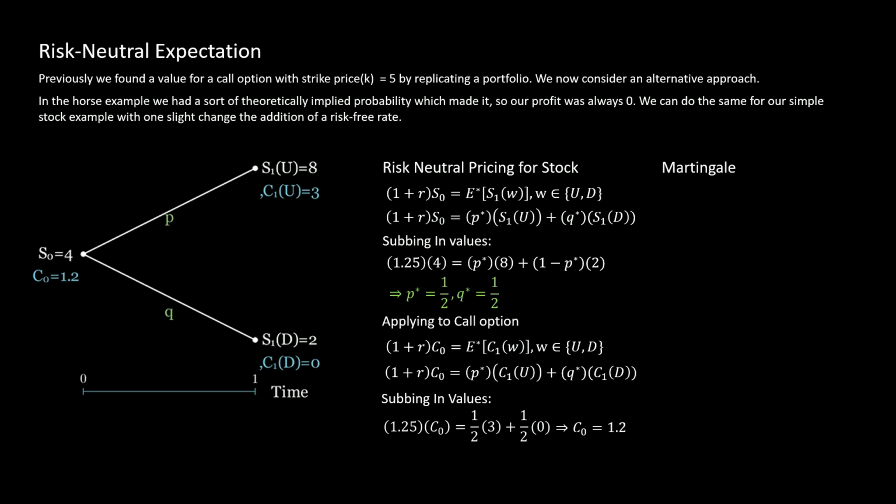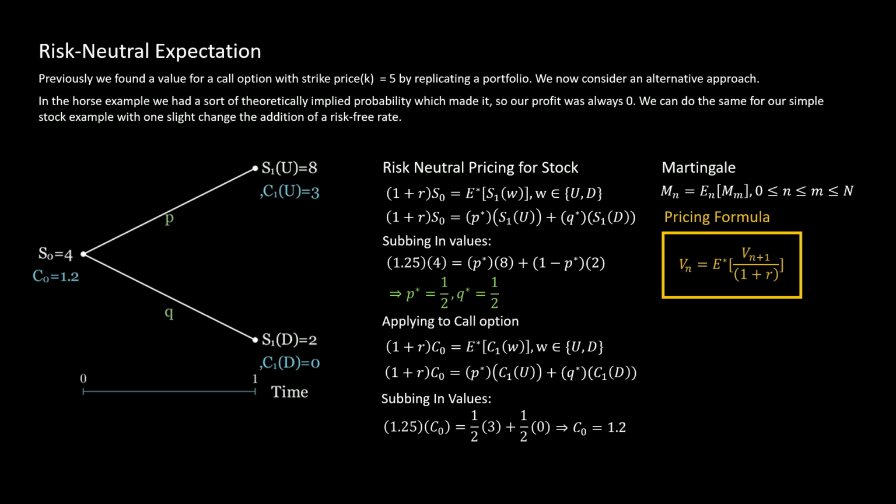Now, we are going to call this our risk-neutral pricing formula, as shown in the yellow box. So, the value of any option whose payoff is just at the end, just like a European call option, we will actually get is the value at time n.